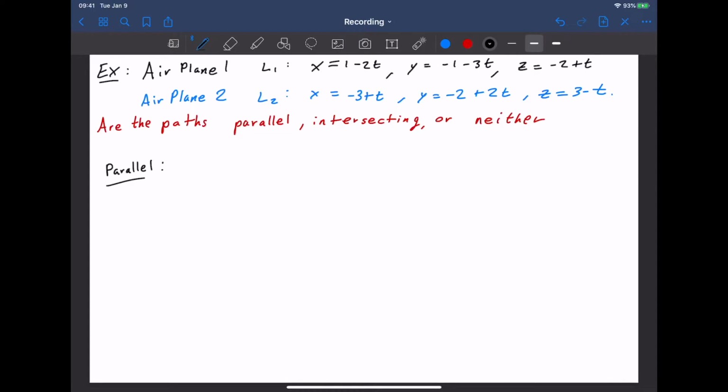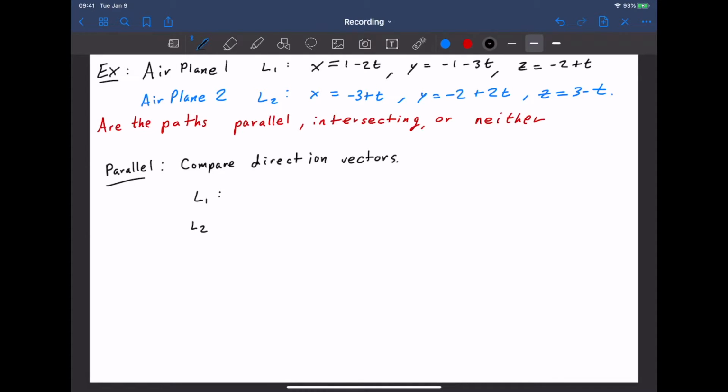To check parallel, we're going to compare the direction vectors. You should know how to do this if you've been following along with the video so far. You should know how to find the direction vector of line 1, and you should know how to find the direction vector of line 2.